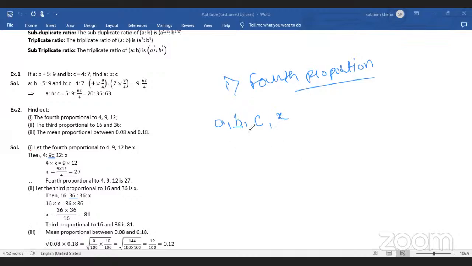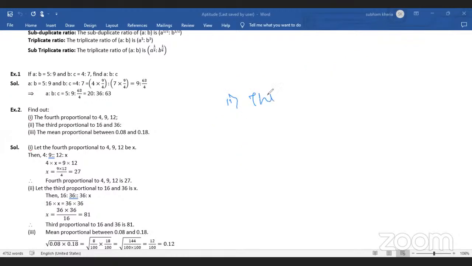Now if the fourth term is x, what can I write? A by B is C by x. So what is the value of x? B into C by A. This is your answer. So easy. From the name itself it is clear that fourth proportion means you have to find the fourth term. You can use this logic to find it.